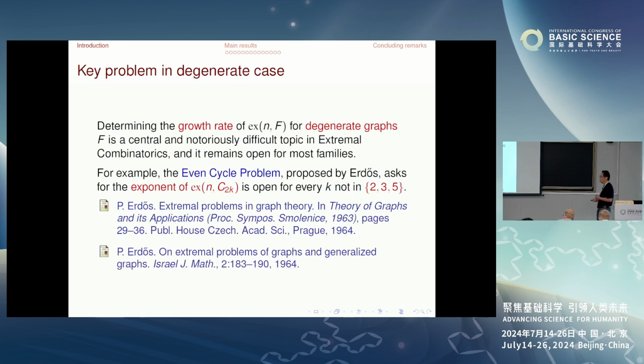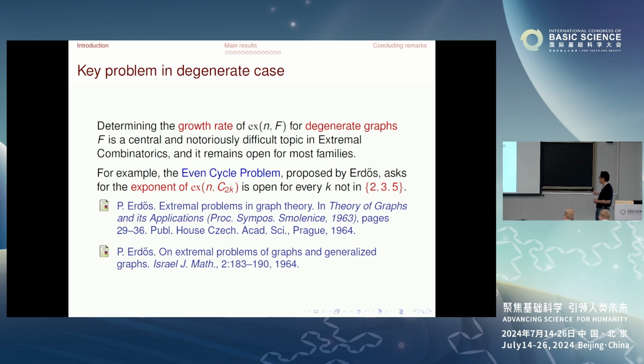However, determining the growth rate of ex(n, F) for degenerate graphs is a central and difficult topic in extremal combinatorics and remains open for most families. Even if F is a simple graph, for example, an even cycle, this problem is still wide open.